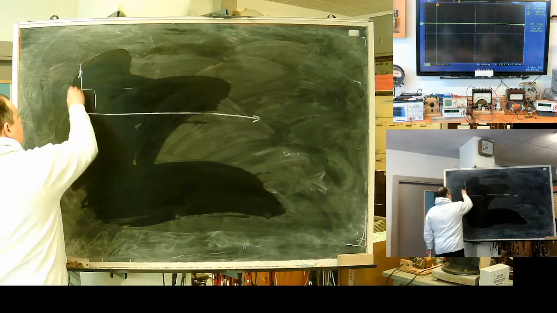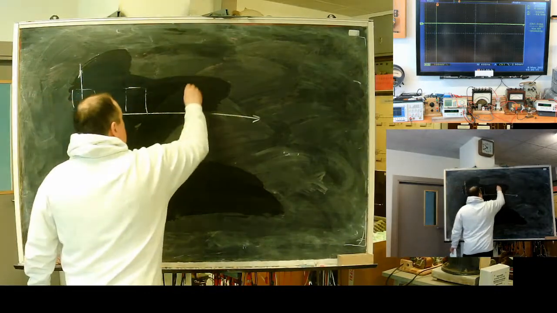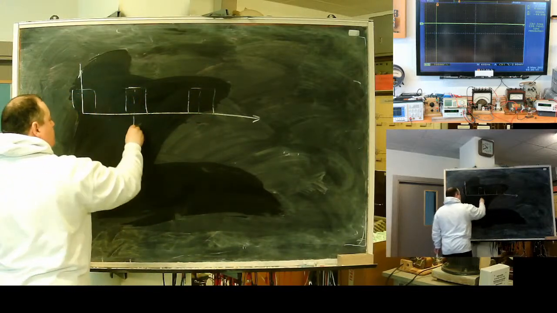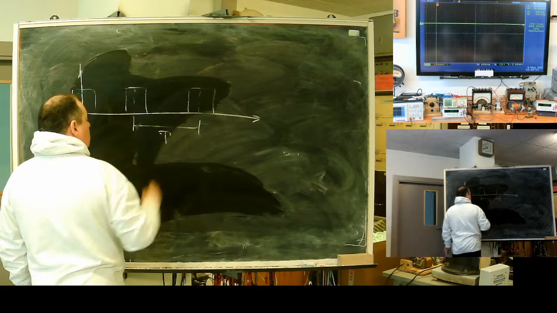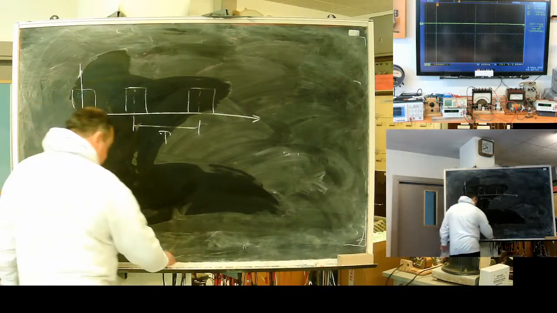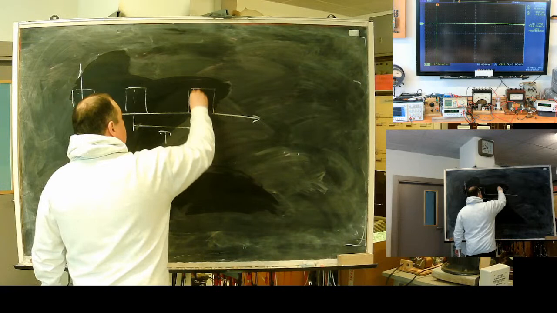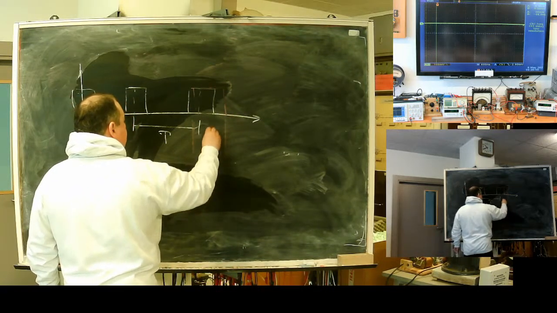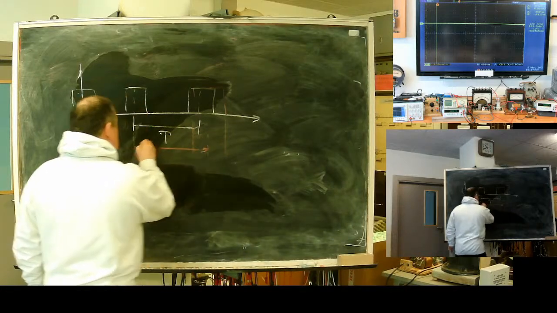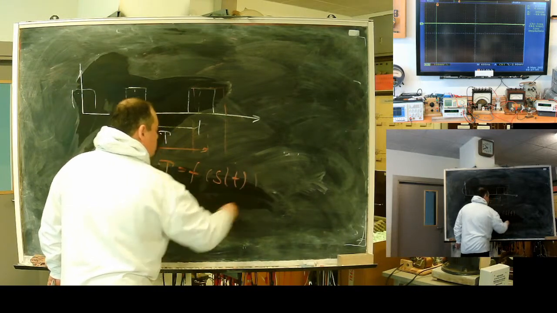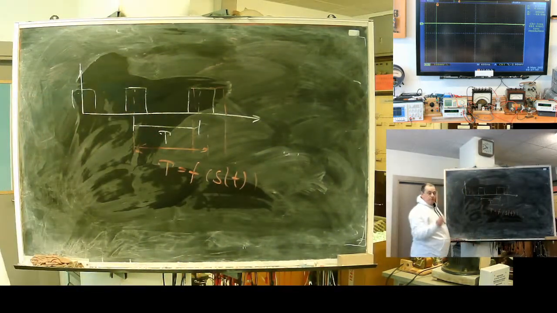Let's say you have a sequence with a period. The period will be a function of the transferable signal, so the pulse will be shifted.